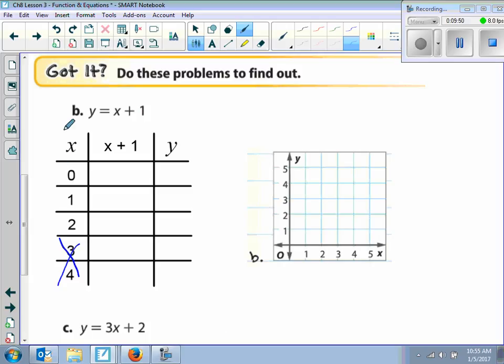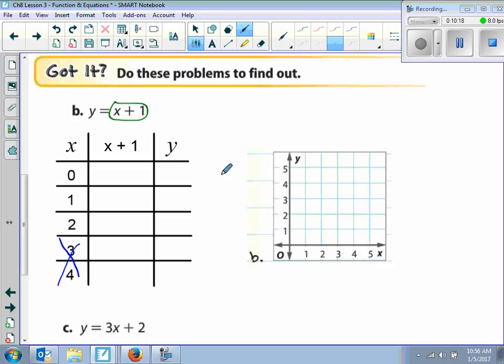The first column is for the input. The second column is for your function rule. And then your third column is for your output. The function rule is always the part opposite the y equals. Okay, so here our function rule is x plus 1.